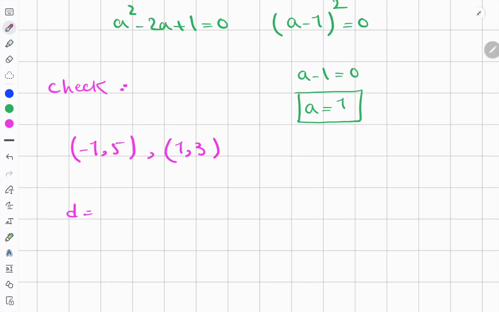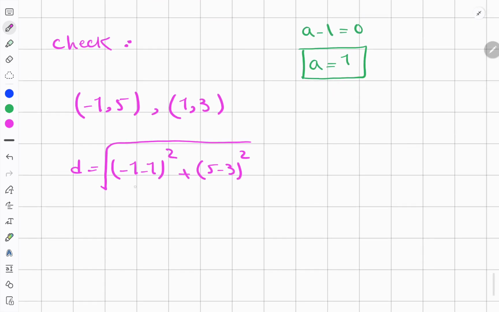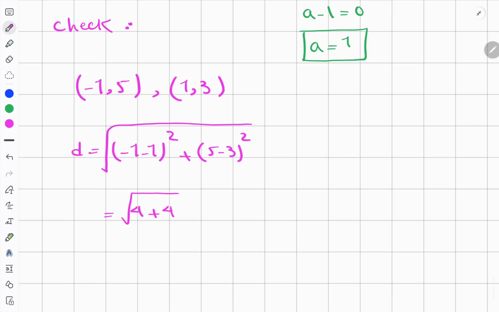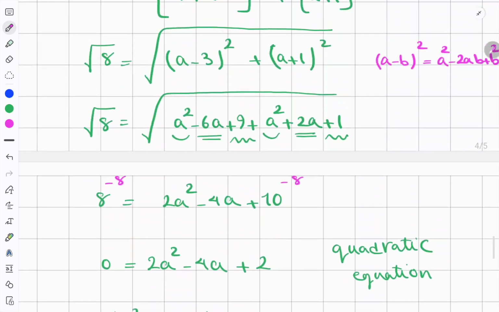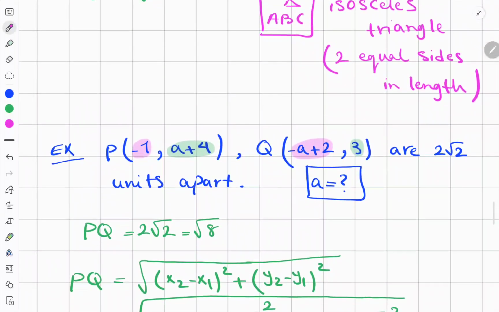And if you find the distance, negative 1 minus 1 squared plus 5 minus 3 squared: negative 2 squared is 4, positive 2 squared is 4, and 4 plus 4 is radical 8, or 2 radical 2, which is completely correct here.